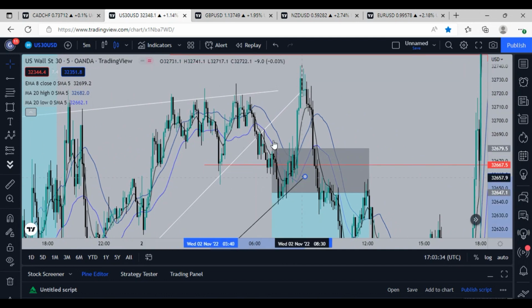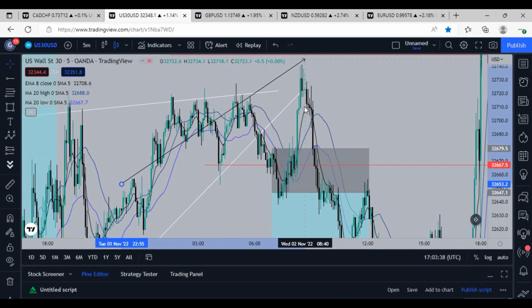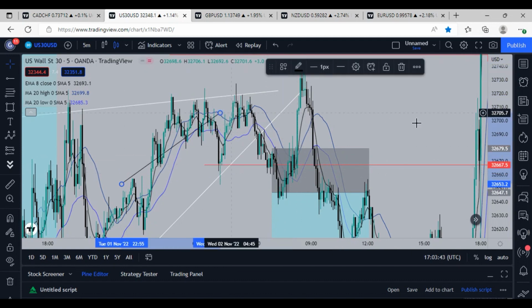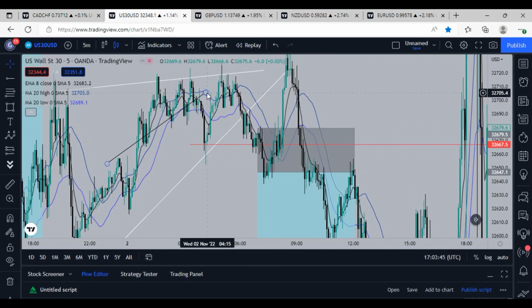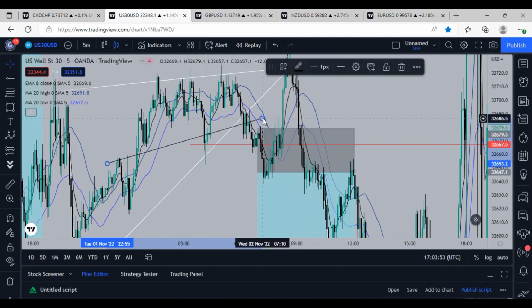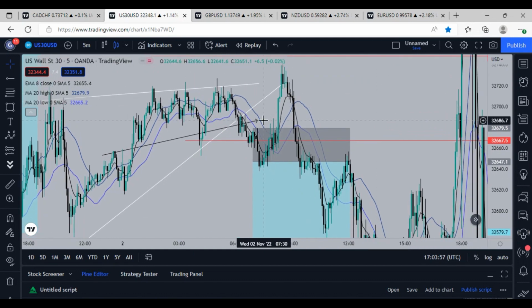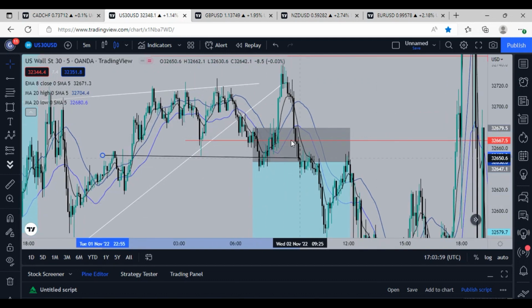If you guys were taken out, then you guys could have set your stop loss right over here again, because if price took out your stop losses the first time and was now pushing in that direction again, I would have still set your stop loss right over here and then went down with the trade because price broke this level again and ended up below again.